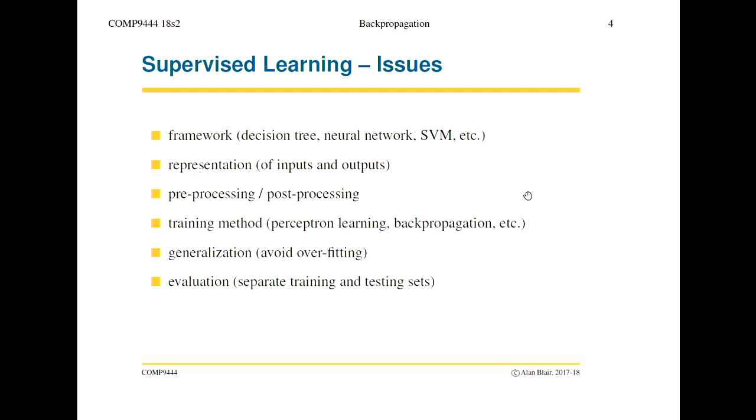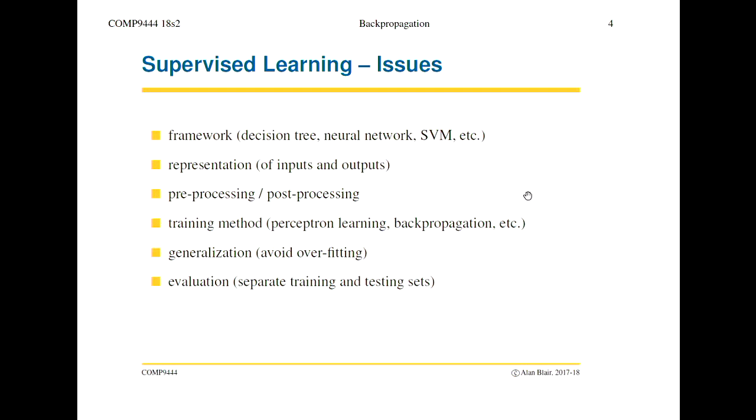So if you're trying to process speech, sometimes you chop the speech into little time intervals and then use the discrete cosine transform to extract out different frequencies in the signal in that little piece, and then that's what you present to your neural network rather than just the raw input. So often you have to do some pre-processing. And after you get the output, sometimes you have to do some post-processing on the output.